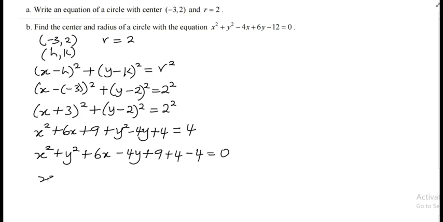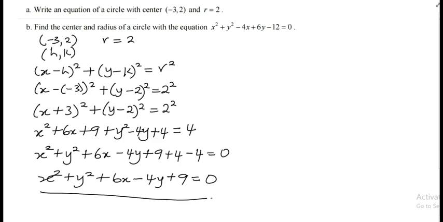So the equation of the circle will now be x² + y² + 6x - 4y, then 9 plus 4 is 13, you have minus 4, so 13 minus 4 is 9. So you have plus 9 equals 0. So this will be the equation of a circle with center (-3, 2) and radius equal to 2. So this is it for part A of the question.